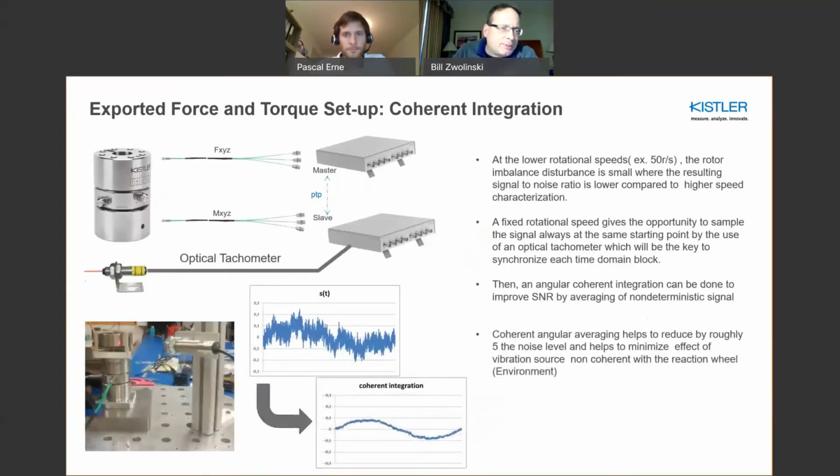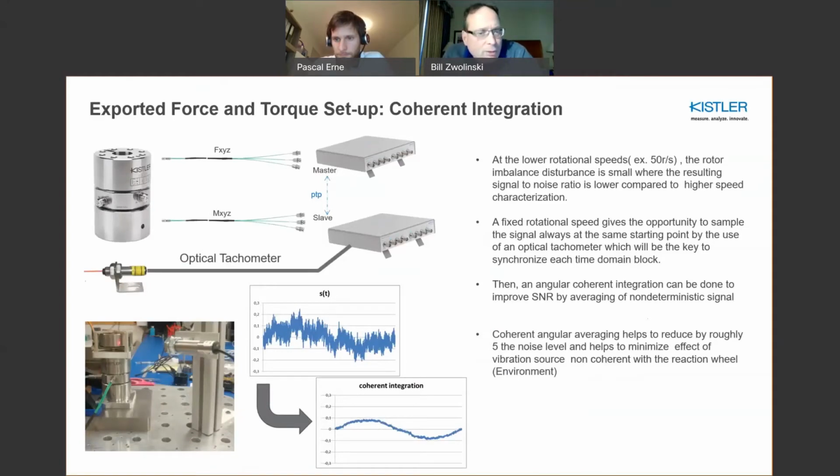Also, in these types of cases, when your reaction wheel is rotating at the lowest speeds, you also have the lowest disturbances. So in one case, one of the users came up with the idea of using an optical tachometer to basically do coherent integration. This is quite an innovative technique where you're integrating based upon a stable point as the wheel rotates.